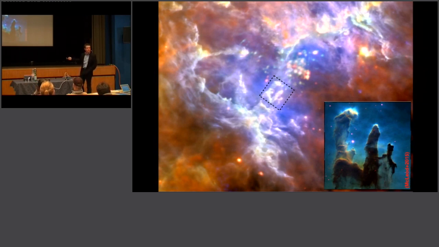The student has been observing this with a new instrument at the VLT that allows you to do 3D imaging also in optical lines, so you also get the velocity of the gas.